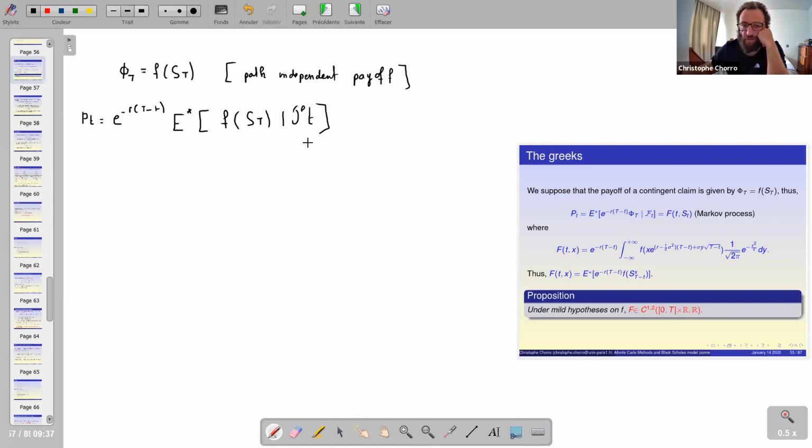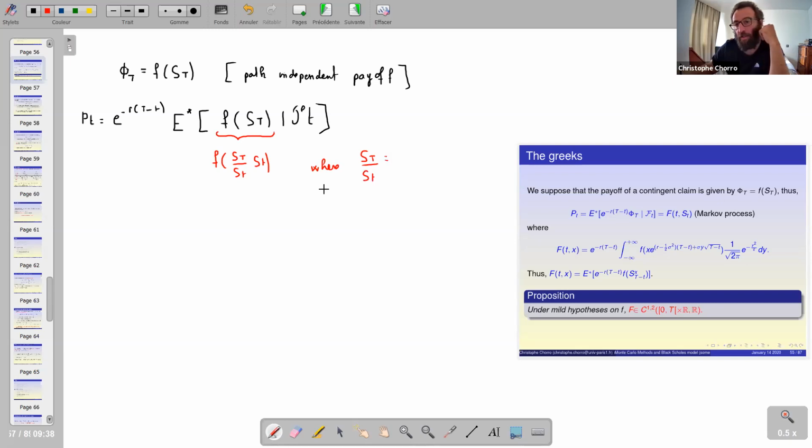But it's very easy to recover this in the framework of the Black-Scholes model, just remembering that in order to compute this expectation and get a nice expression, I can write it this way: f of S_T over S_t multiplied by S_t. And what is S_T over S_t? Why do I do this?